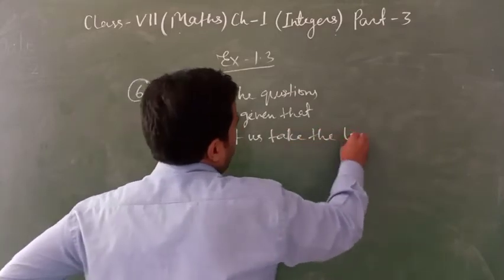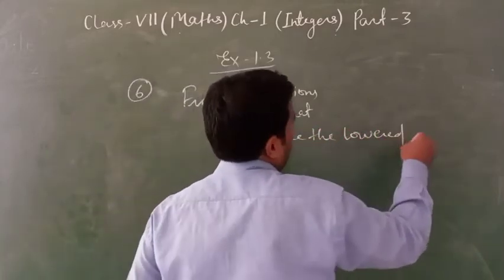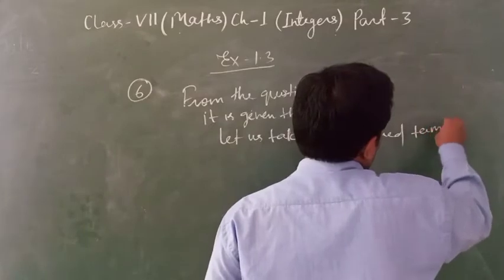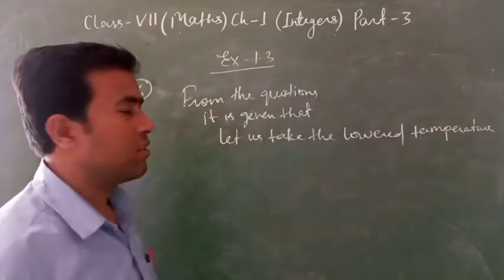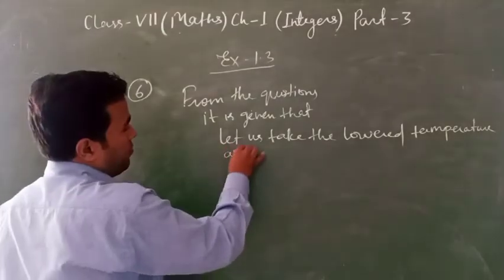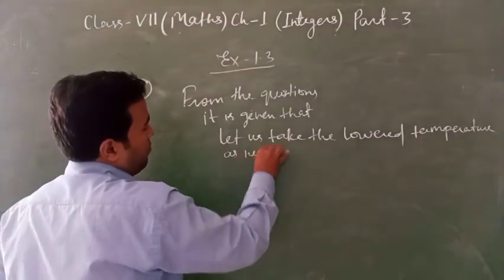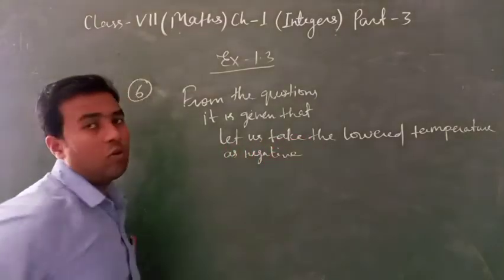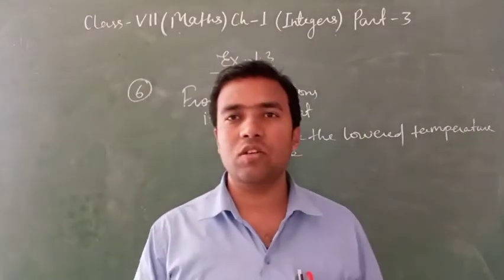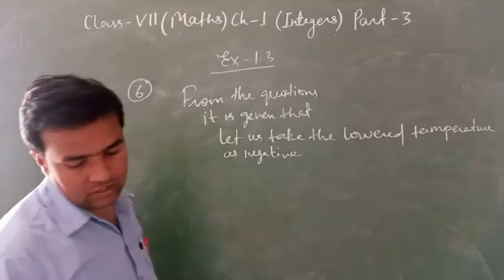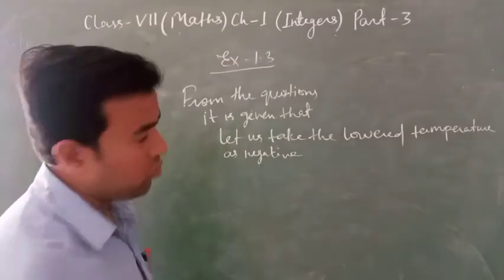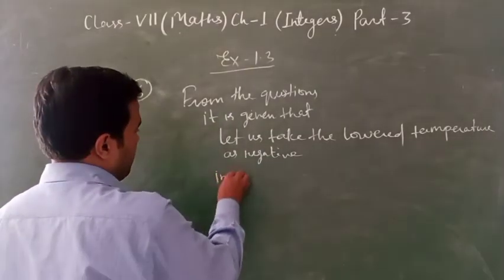Lowered means it is going downside, meaning it is negative. Clear? Meaning initial temperature, how much is given? 40 degrees Celsius.